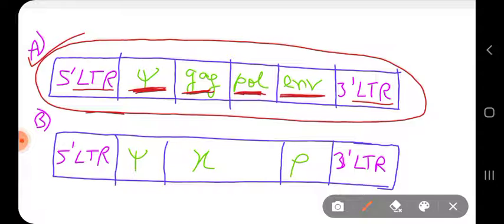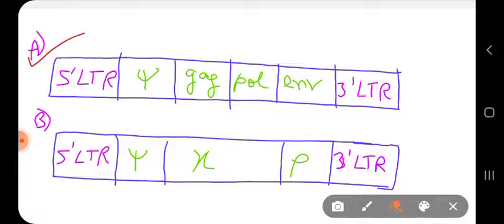Okay, the bottom figure that you can see now, so I'm removing all of this. Now you see the bottom figure. In the bottom figure, you see the same structural genes of the retrovirus, but something has been eliminated to make them usable as a vector.